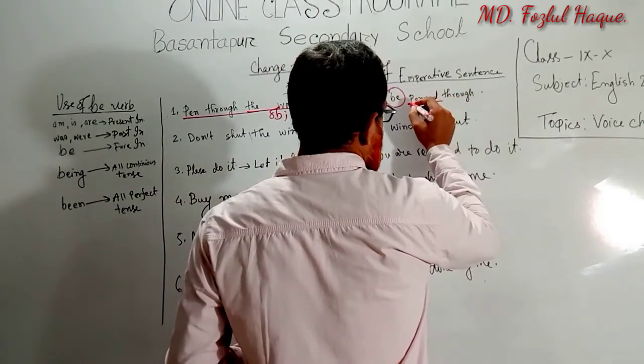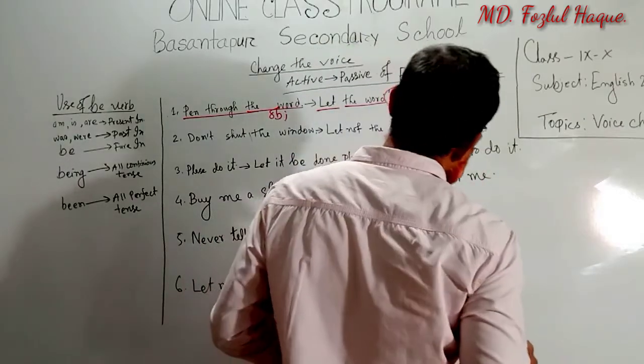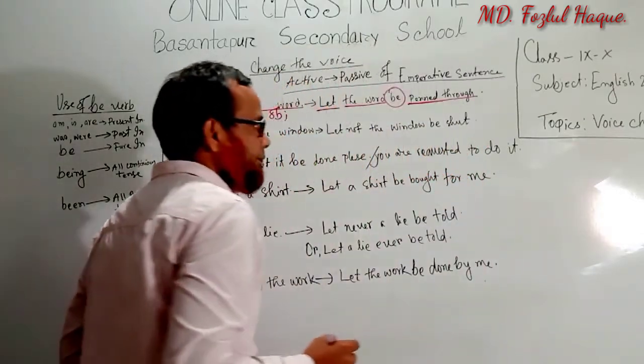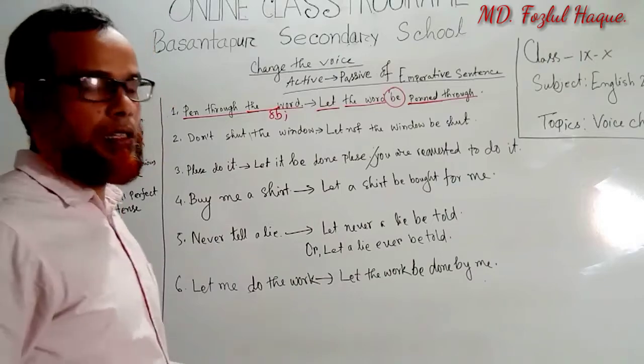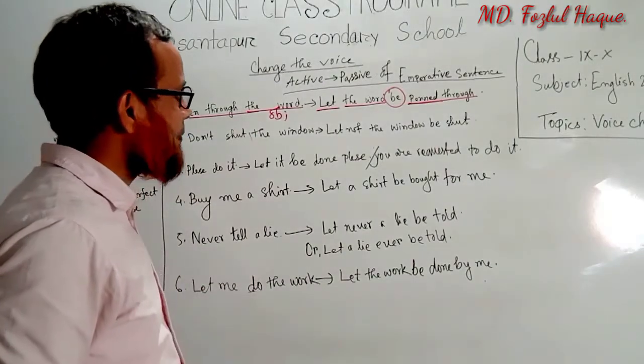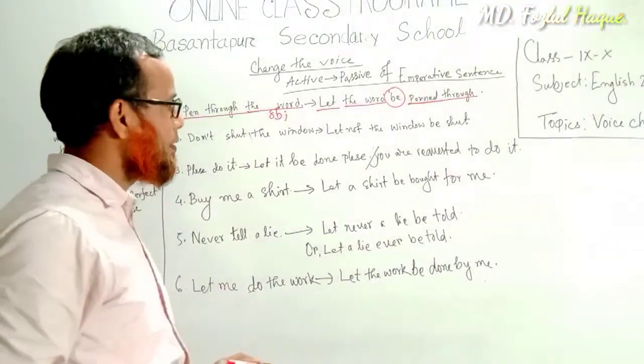The group verb will be seated with its preposition. This is the passive form of an imperative sentence.